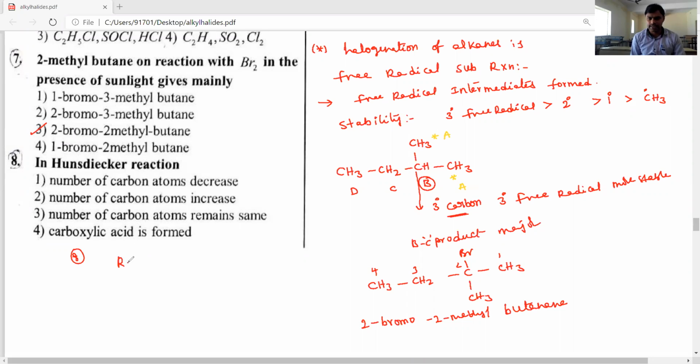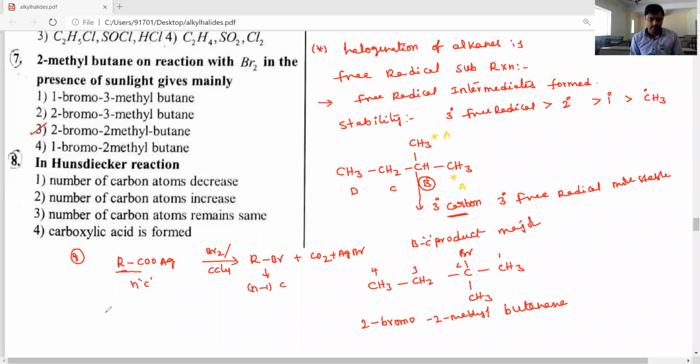The Hunsdiecker reaction is nothing but silver salts of carboxylic acids, RCOOAg, reacting with either bromine or chlorine in the presence of carbon tetrachloride, forms RBr, alkyl bromide, plus CO2 plus AgBr. For example, if the silver salt of a carboxylic acid has n carbon atoms, the product has n-1 carbons.